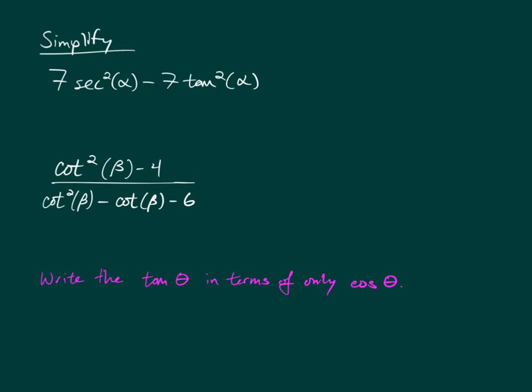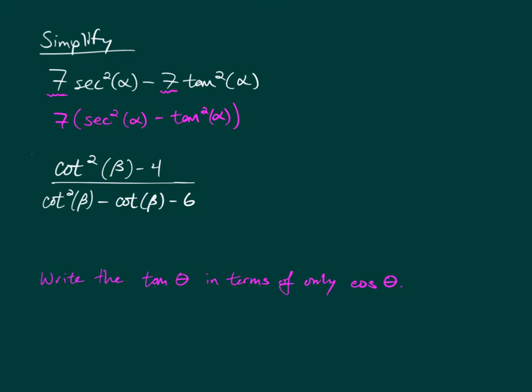So simplifying a trigonometric expression is similar to simplifying any other expression that we've looked at so far. And that is, if you notice that there is a common factor, you are going to want to factor that out. So this will be 7 times secant squared alpha minus tangent squared alpha.